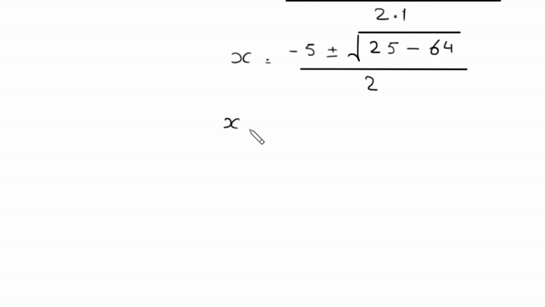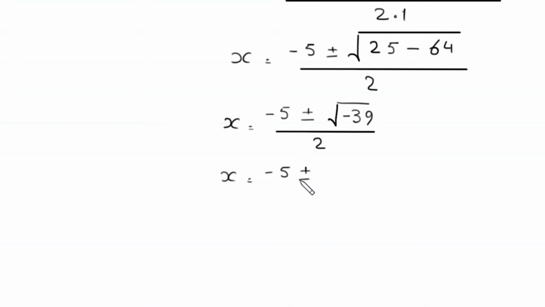Next x is equal to negative 5 plus minus square root of, this 25 minus 64 is negative 39, divided by 2. x is equal to negative 5 plus minus, this square root of negative 39 can be written as square root of 39 times negative 1, divided by 2.